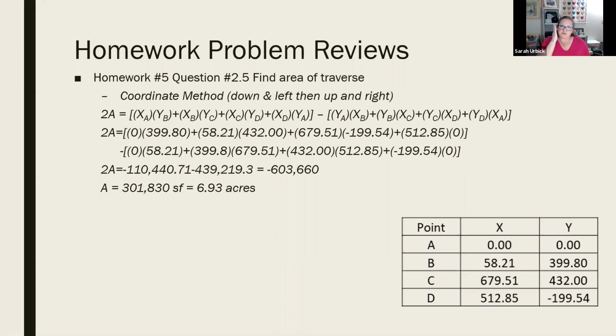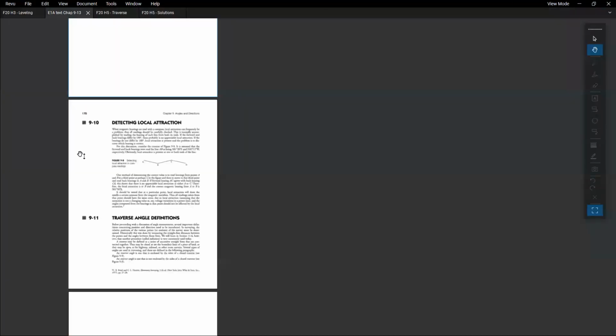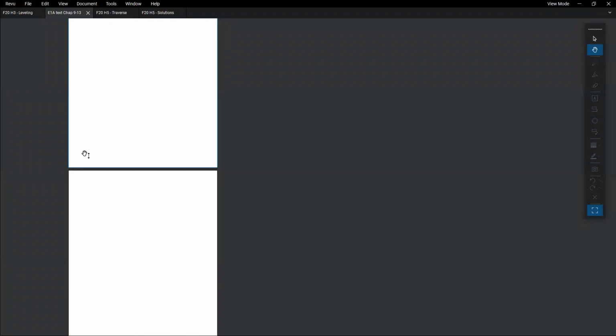Any questions on this one? There's a diagram in the book that explains this, right? Yes. Let me switch over to that and show you guys. Where was it? Chapter 12, right?